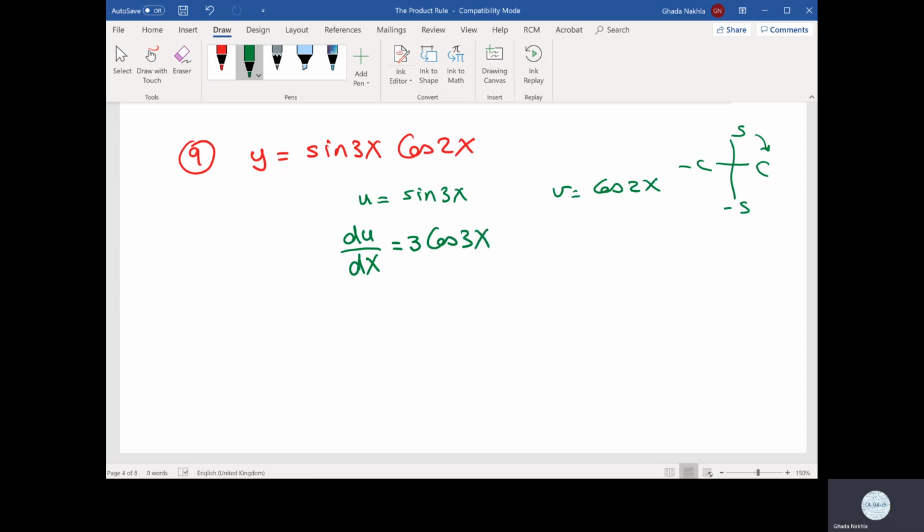And then you differentiate cos, dv by dx. When you differentiate cos, you get minus sine, so minus 2 sine 2x.